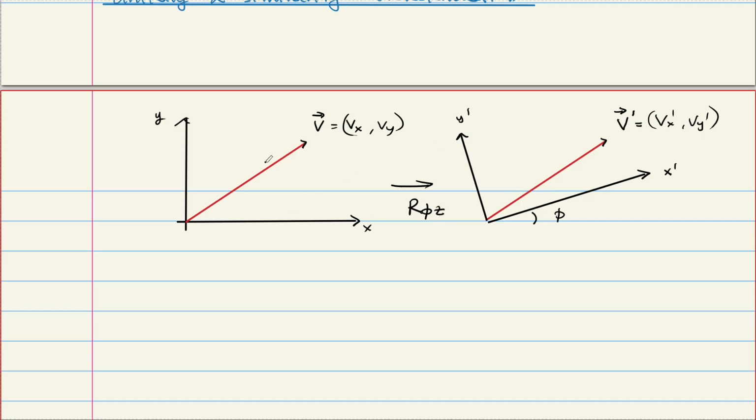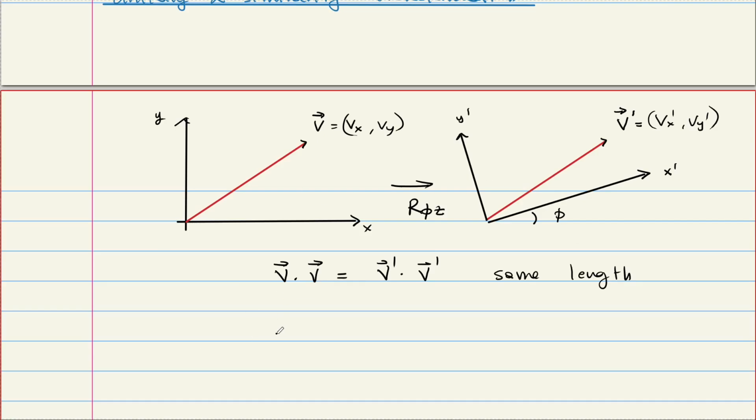What this rotation does is, for example, the inner product v dot v, which is the length of the vector, is equal to v prime dot v prime. So the length after this transformation is preserved.